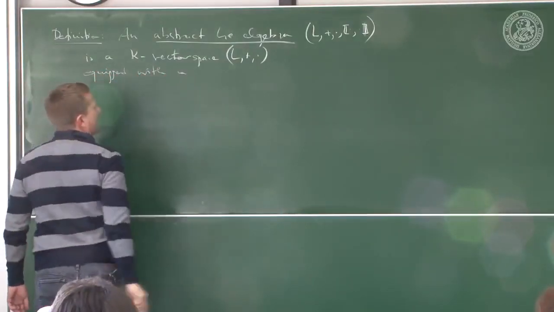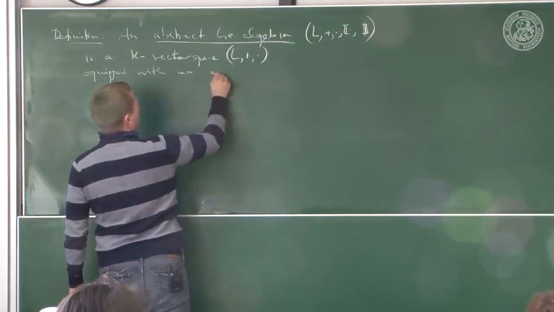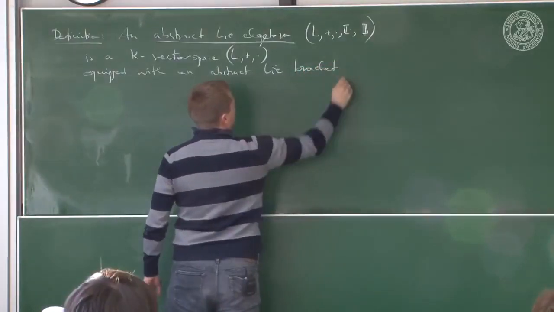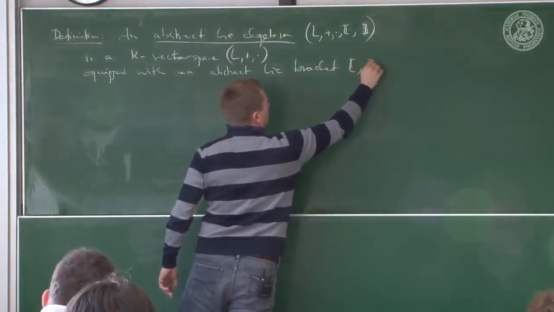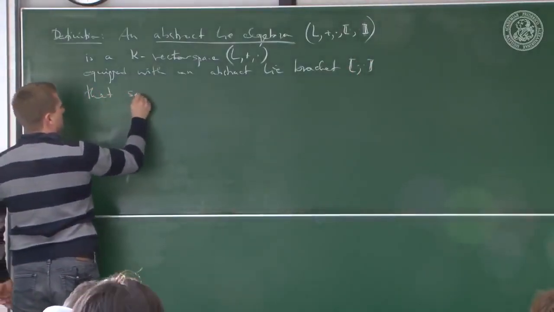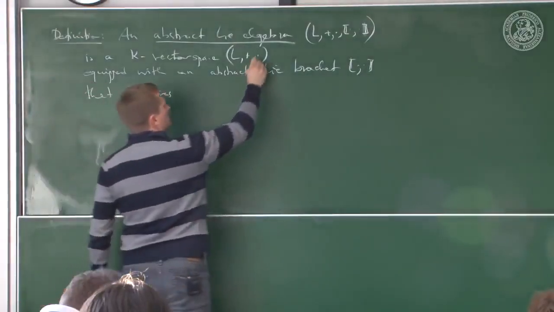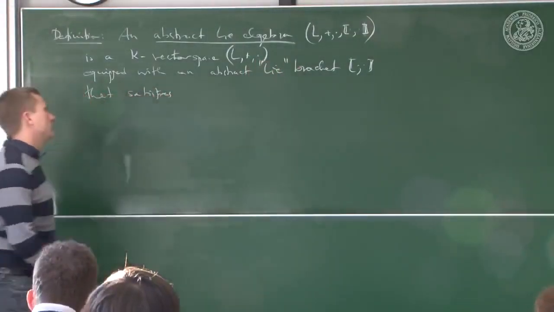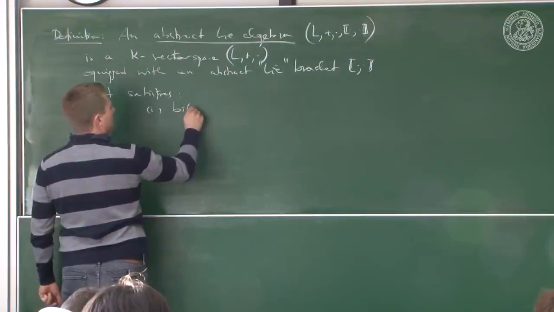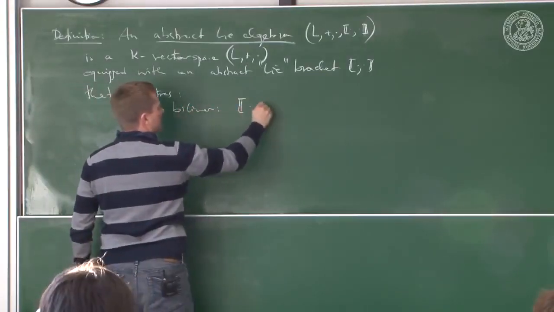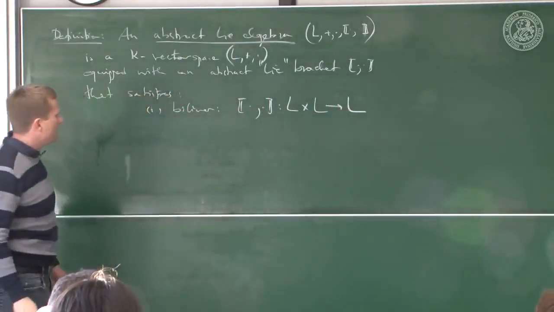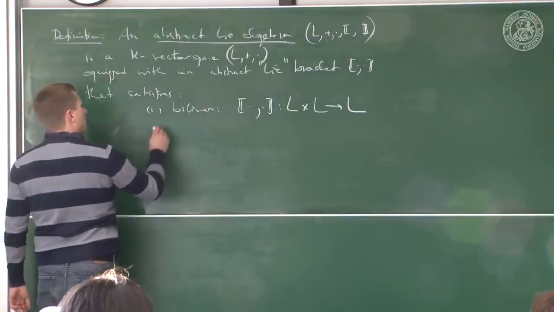It's a K vector space, L plus scalar multiplication, equipped with an abstract Lie bracket, double bracket, that satisfies, so it's a Lie bracket, and what Lie means is that, first, it's bilinear, so that means that it takes two elements of the abstract Lie algebra and maps them to an element of the abstract Lie algebra.